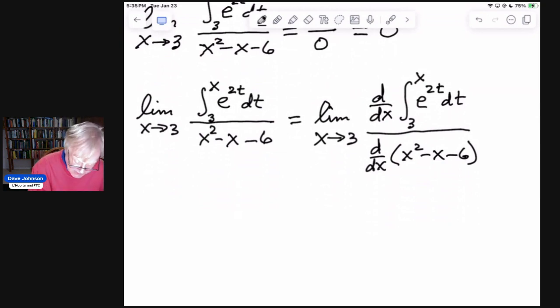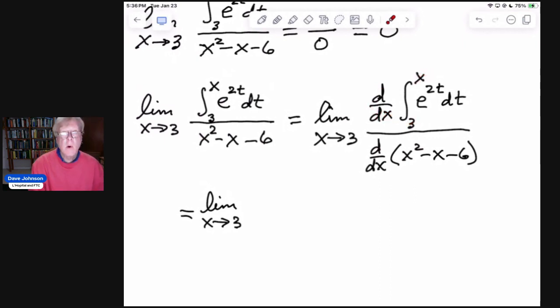When we do that, we still have the limit as x approaches 3, but if we're taking the derivative with respect to x, and we have an x in the upper limit and a constant in the lower limit of the integral, the fundamental theorem of calculus says that we can take the integrand, evaluate it at the upper limit, and that becomes our result.